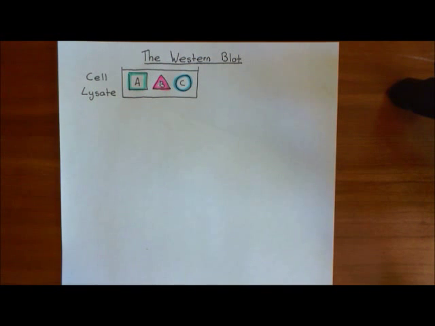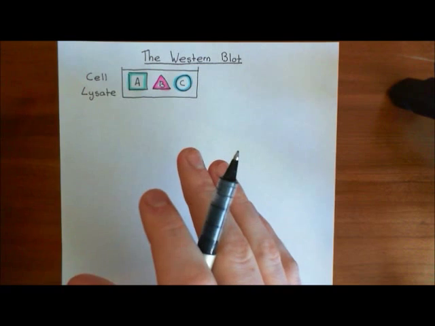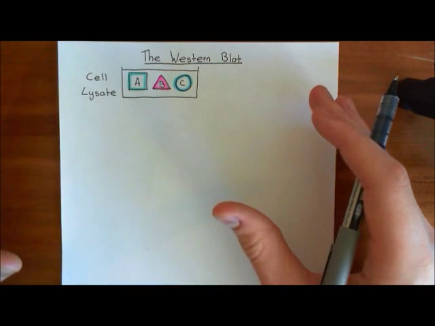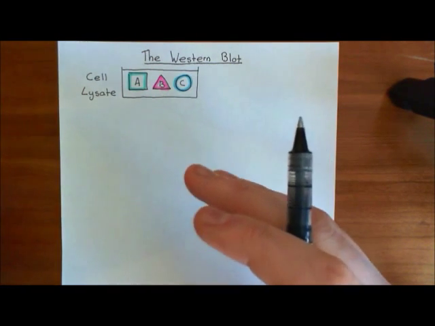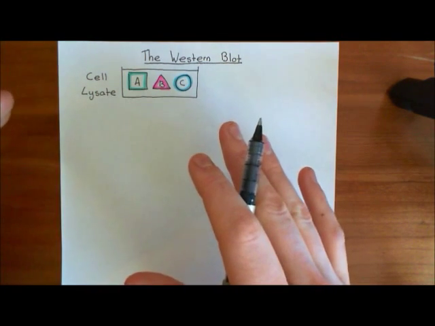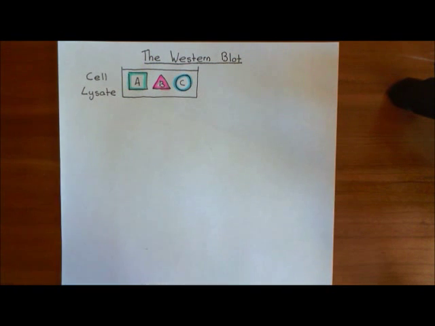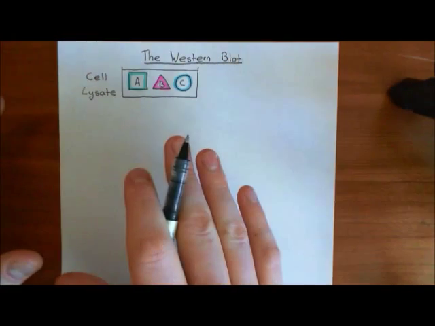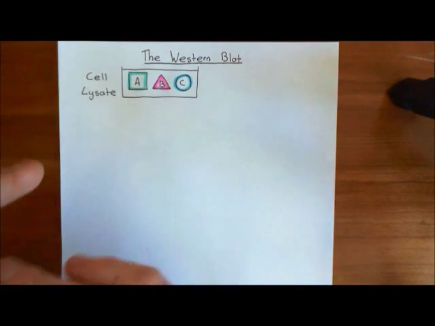Okay, right. So we're going to start off with our cell lysate, and basically Western blotting has two components. It has an SDS-PAGE portion where we're going to separate out the different proteins within our cell lysate, and it also has an immunoblotting portion where we're going to use antibodies to detect protein A. So we're going to start off by putting our cell lysate onto our gel.